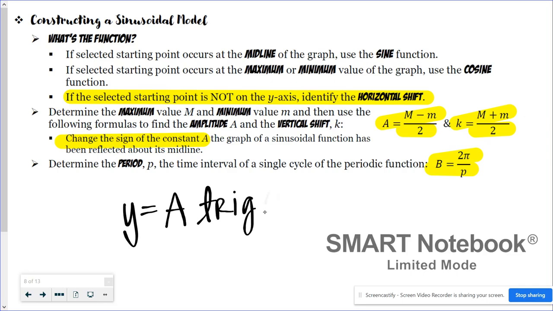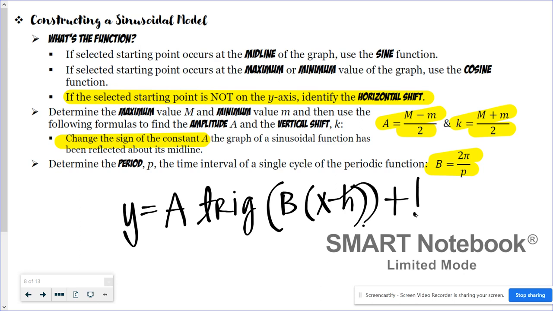And then in parentheses, we'll have our b value. And if there is a horizontal shift, we'll put that in there. So you'll have double parenthesis usage going on if there is a horizontal shift. And then you'll have your k. So this is how we're going to write our functions. I'm not going to have you distribute the b value. We're just going to write it like this. Got it?